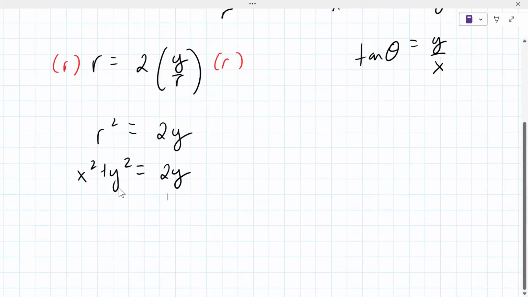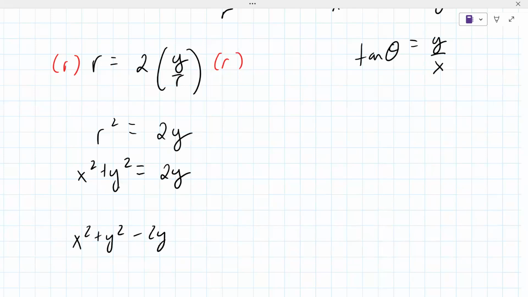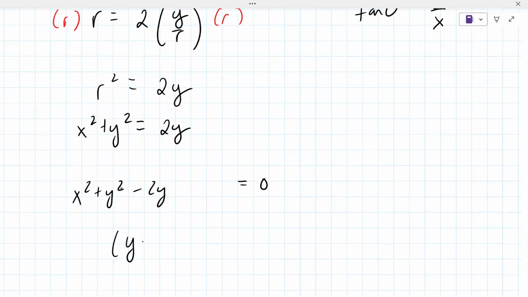So you can move this 2y to the left. So we have x squared plus y squared minus 2y, and then you can complete the square here. So it becomes y minus 1 squared. You end up adding 1 on both sides. And this is your final equation.